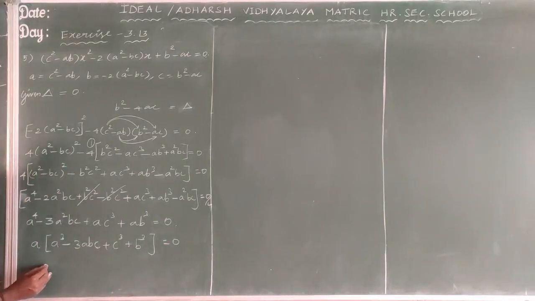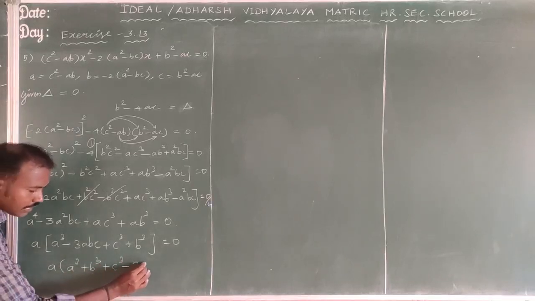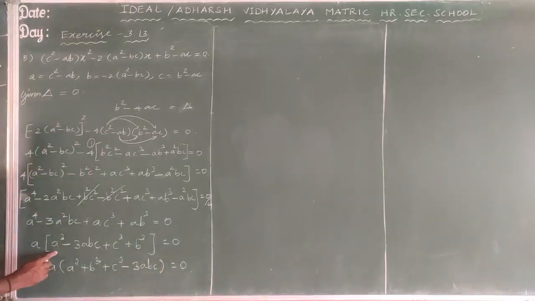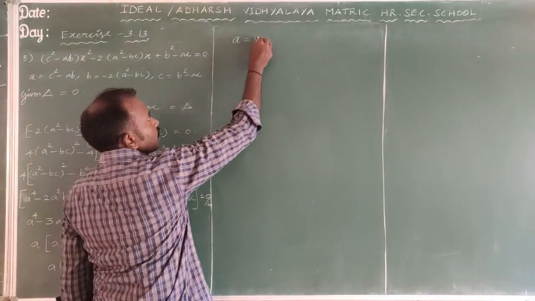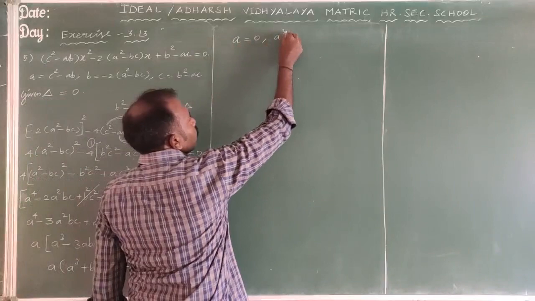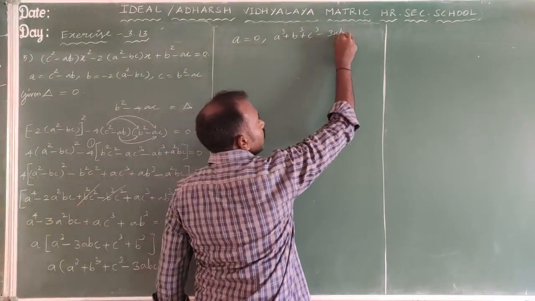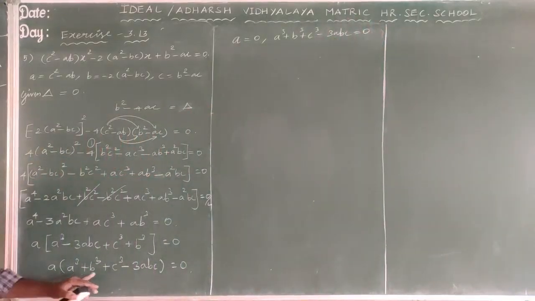Then a into (a cube plus b cube plus c cube minus 3abc) is equal to 0. Ordering the terms, we get a cube plus b cube plus c cube minus 3abc. Here a is equal to 0, comma, a cube plus b cube plus c cube minus 3abc is equal to 0. These two terms are equated separately.